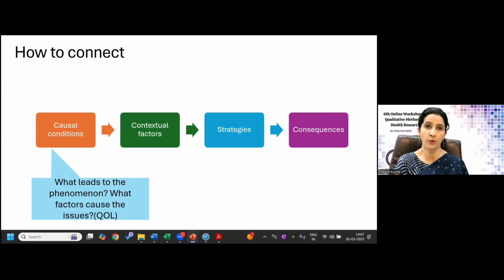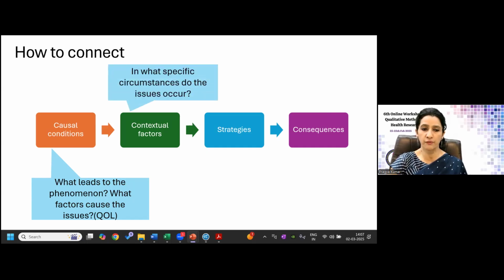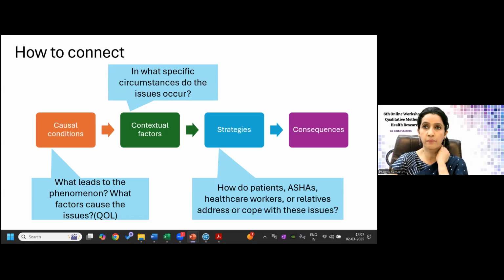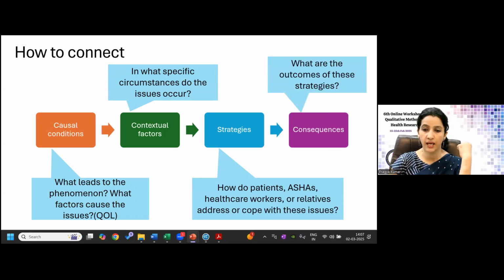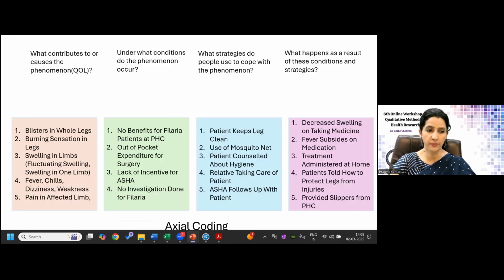Like in the case of quality of life, because that filariasis research was on quality of life. What were the factors which led to a poor quality of life, and in what specific circumstances did that phenomenon occur, or how do the patient or your stakeholder cope with such issues, and what are the outcomes of those strategies?